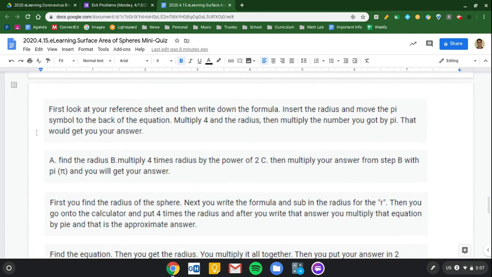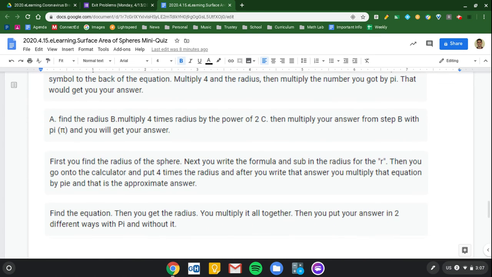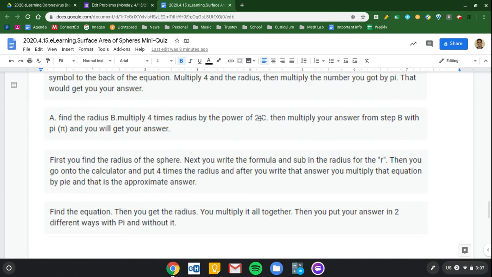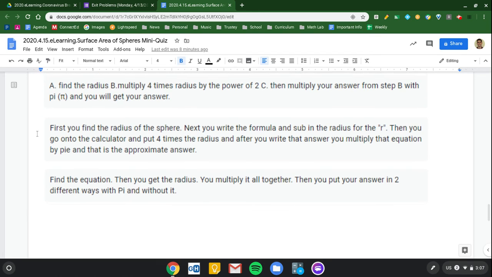This person, similar stuff. First, look at the reference sheet, write down the formula, insert the radius, move the pi to the back, multiply 4 and the radius, and multiply the number you get by pi. I like this next person. They do it in A, B, C order. And also, I got to find out from, I think this was Josue, how to write that pi symbol in there. I think Josue was the only person to write the pi symbol into the Google form.